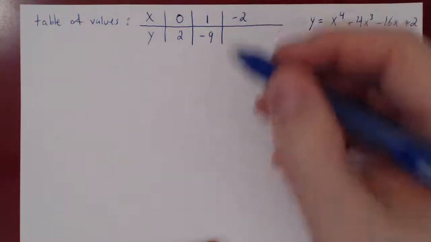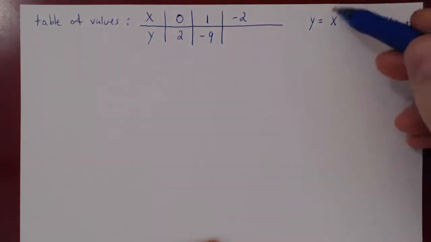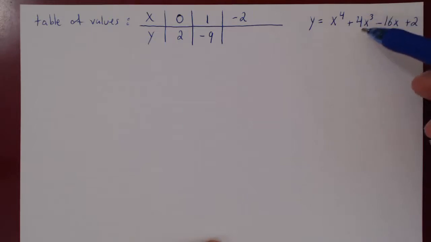The other critical point, x equals negative 2. If you plug in here negative 2, you'll get 16. Negative 8 times 4, negative 32. 16 minus 32 is negative 16.